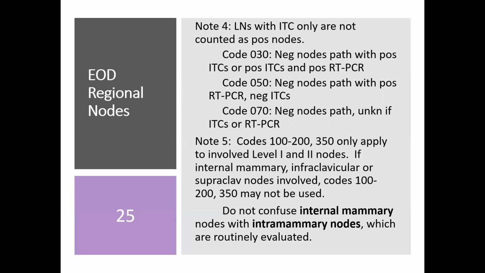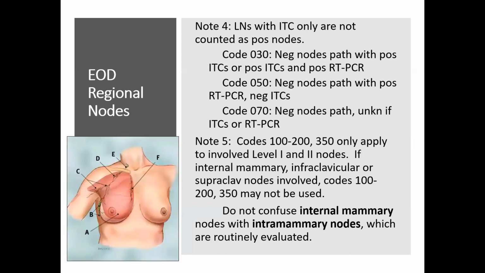Note 5, codes 100, 200, and 350 only apply to level 1 and 2 nodes. If you have internal mammary, infraclavicular, or supraclavicular nodes, then codes 100, 200, and 350 may not be used. So do not confuse internal mammary with intramammary nodes, which are routinely evaluated.